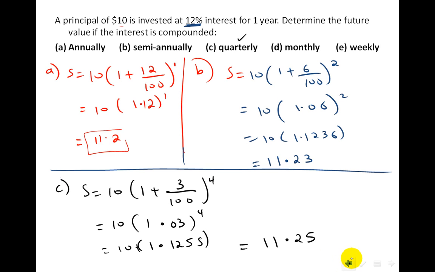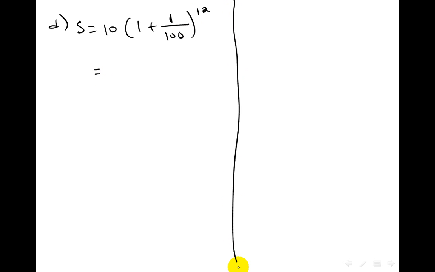Let's see the monthly. So what do you think in the monthly? We'll divide it by 12 months, because in a year you have 12 months. So it will be here just 12 divided by 12 will give you 1 to the power of how much? To the power of 12, because every month there will be an interest. It's compounded monthly.